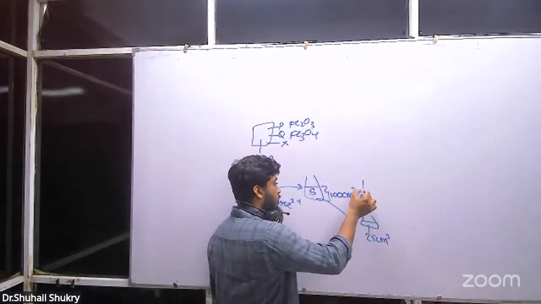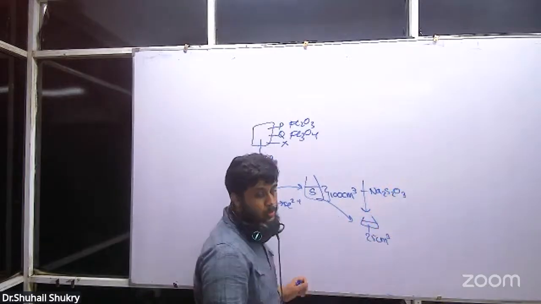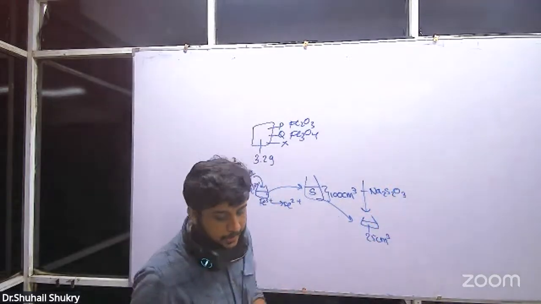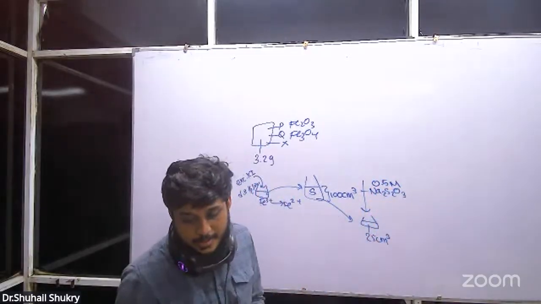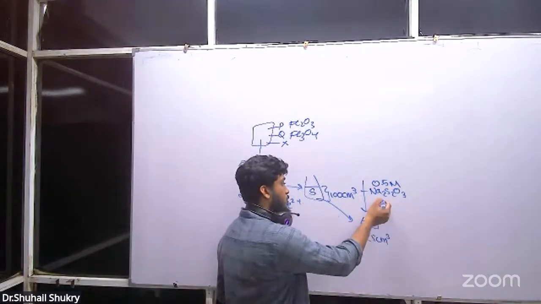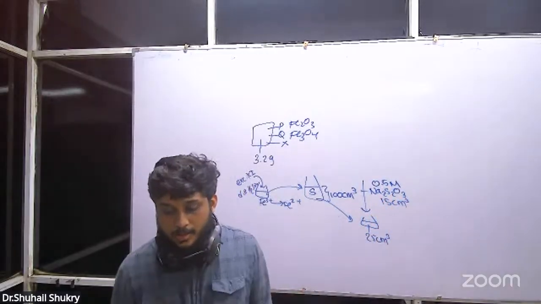So they titrated with sodium thiosulfate. This is an iodometric titration. 0.5 M Na2S2O3 was used, which is 15 centimeter cube, the required amount.